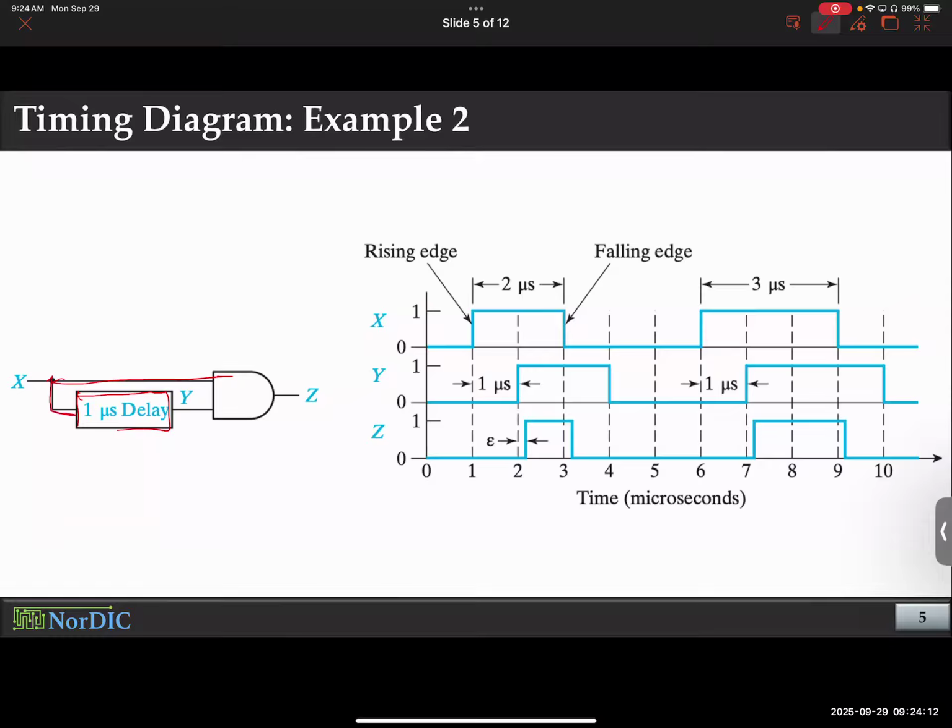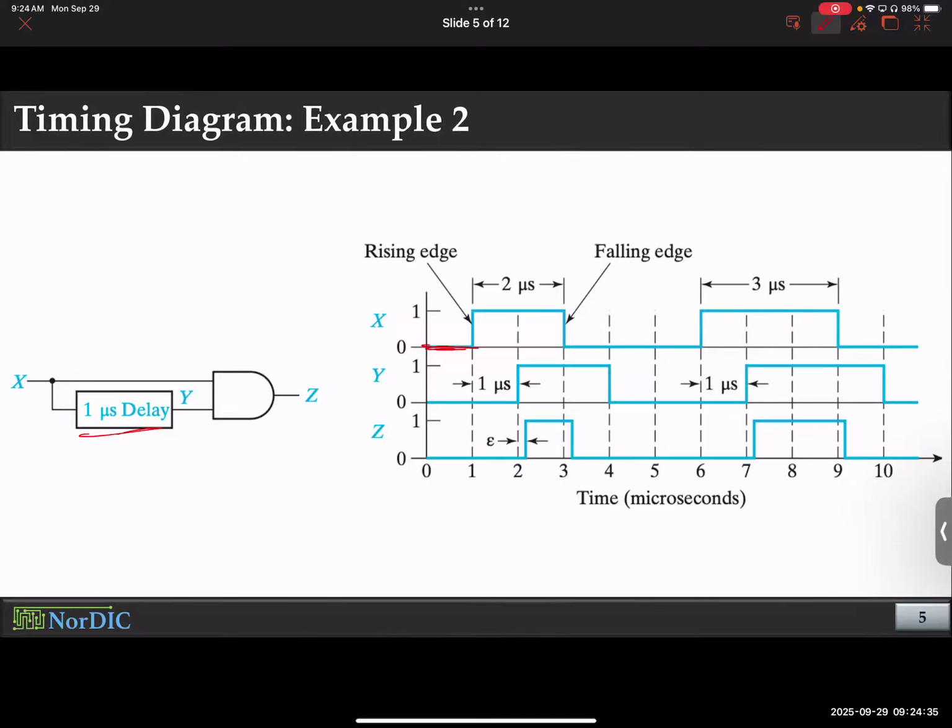For some reason, this path has greater delay than the other path. So although you're trying to provide the same input to both inputs of the AND gate, essentially there is an asymmetry because one of the paths has a delay. And for the sake of it, we take a number called 1 microsecond. So 1 microsecond delay between these two paths, right? Let's see what it leads to.